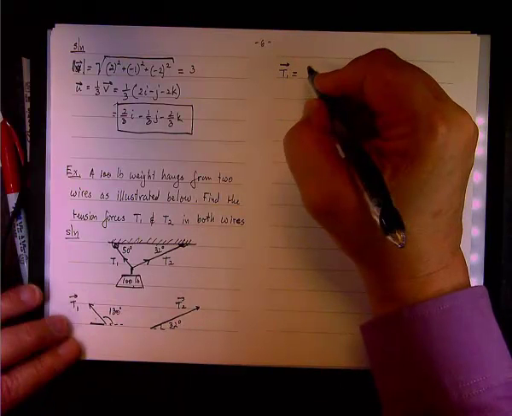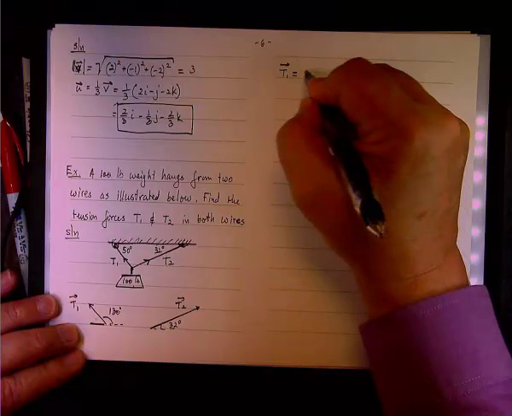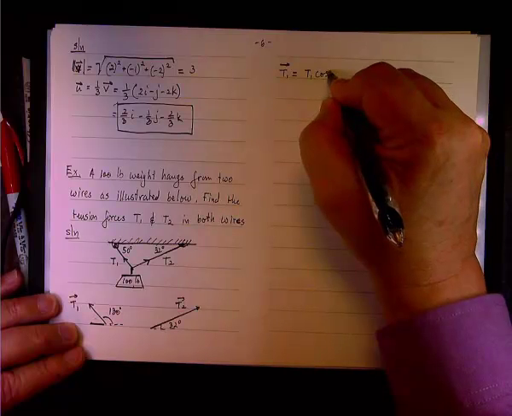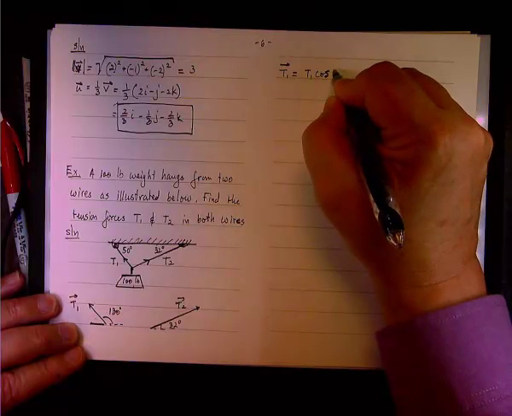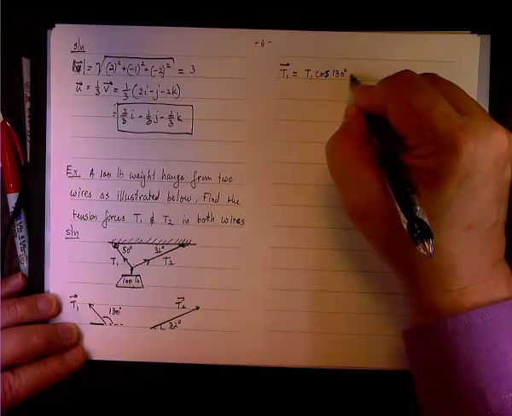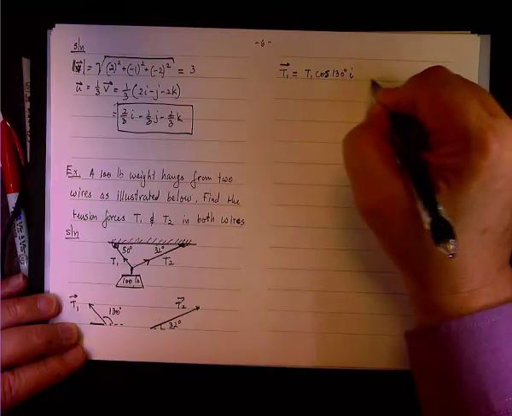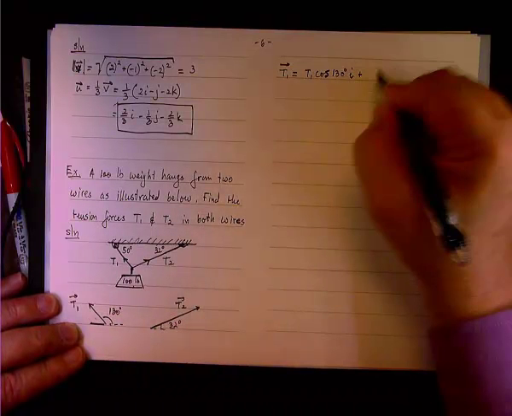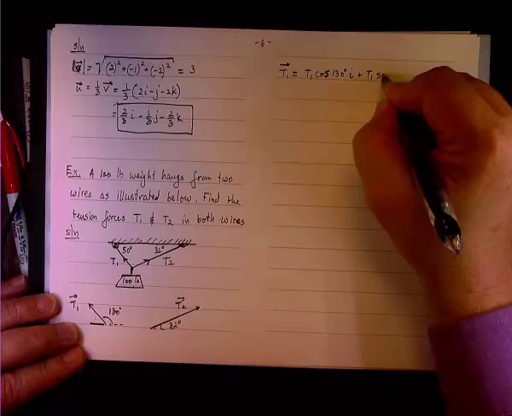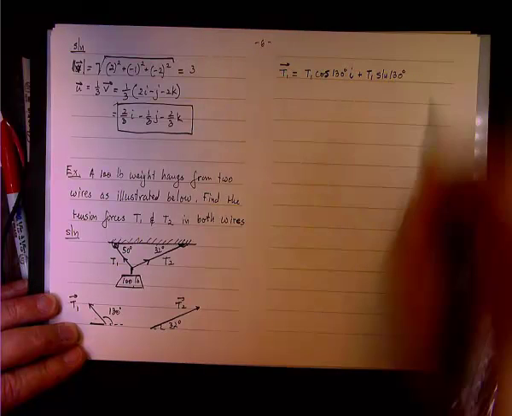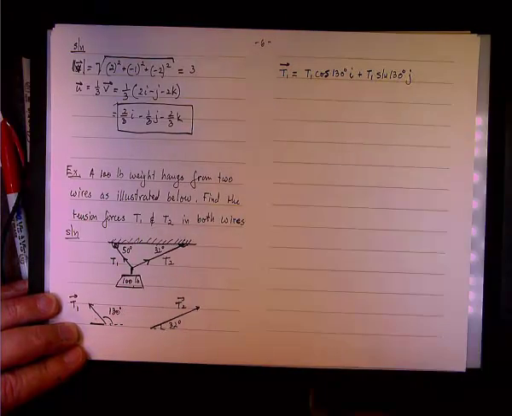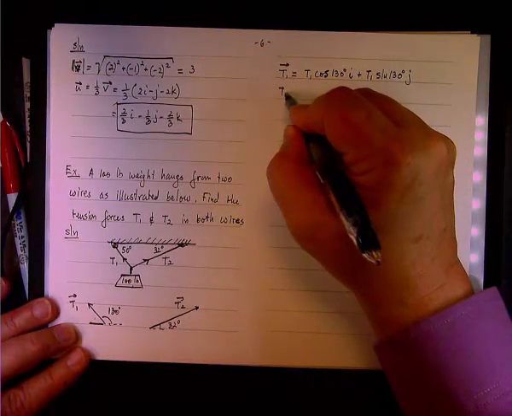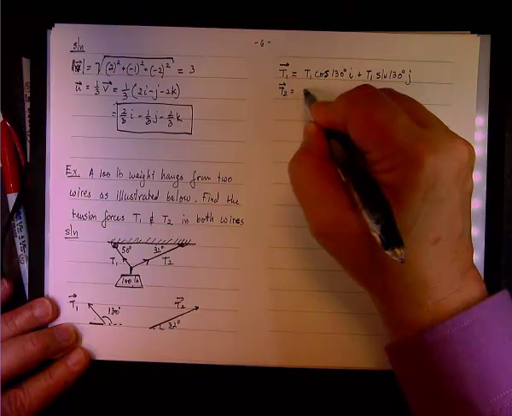So we're going to say that vector T1 is made of a horizontal component, which will be T1 cosine of 130 in the I direction, plus T1 sine of 130 degrees in the J direction.